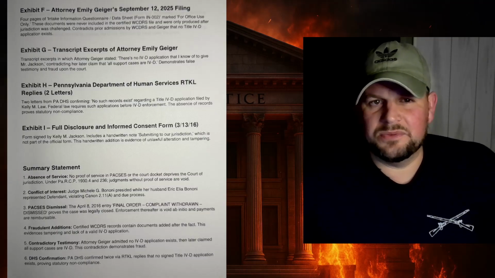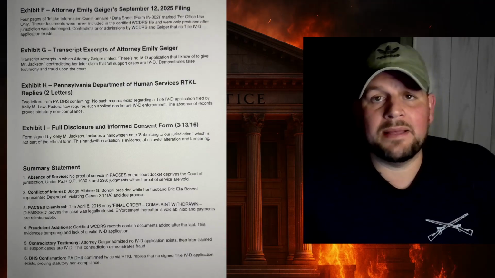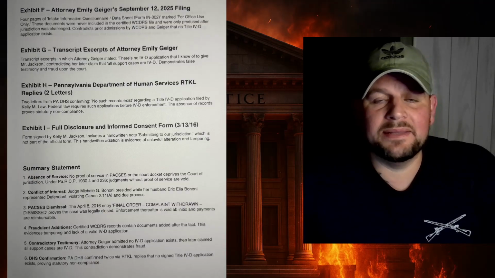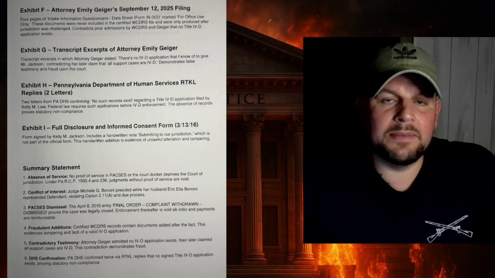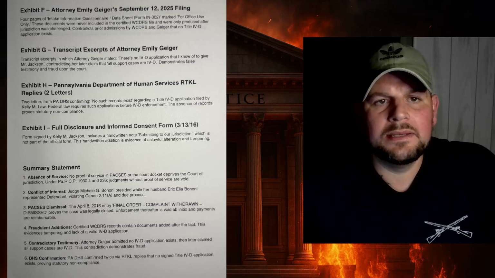My main reason was there was no Title 4D application, and there still is not as far as I'm concerned and by law. What they have is a generic child support complaint form. And we're going to get to what makes it illegal and not a Title 4D application.